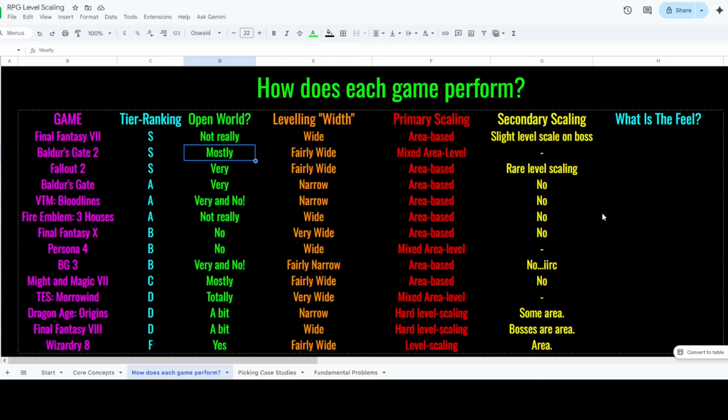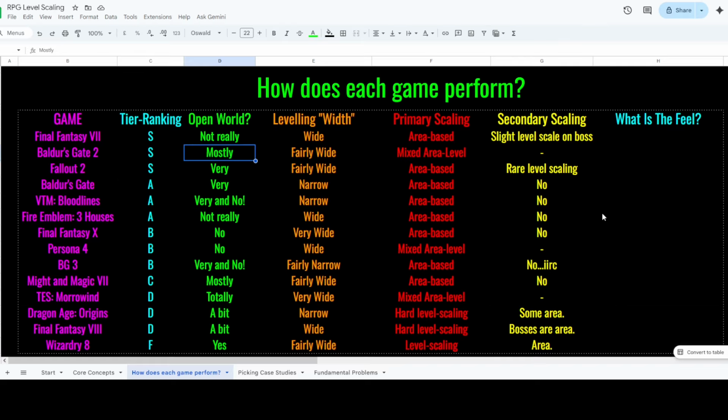Baldur's Gate 2. So Baldur's Gate 2 is a really interesting one, because when I was a backer for Pillars of Eternity, that was kickstarted, and I was part of the folks who paid money in advance to back it and get it going, and I was quite active on those forums, and we were discussing whether or not the Pillars should have level scaling, and I said no, it should just be hard area scaling like in Baldur's Gate 2.